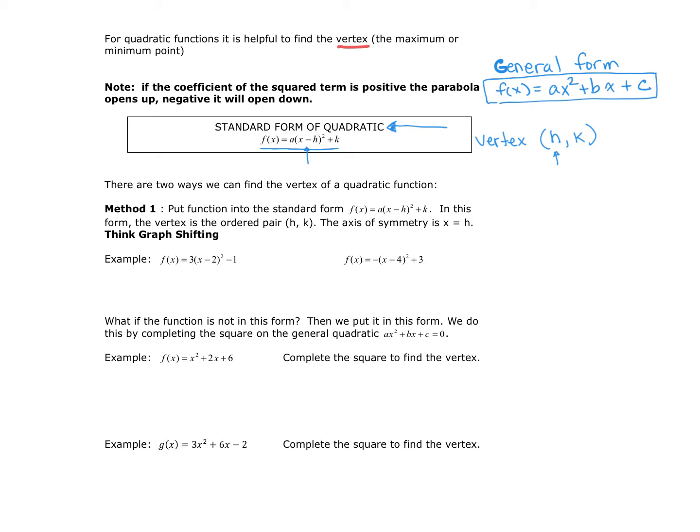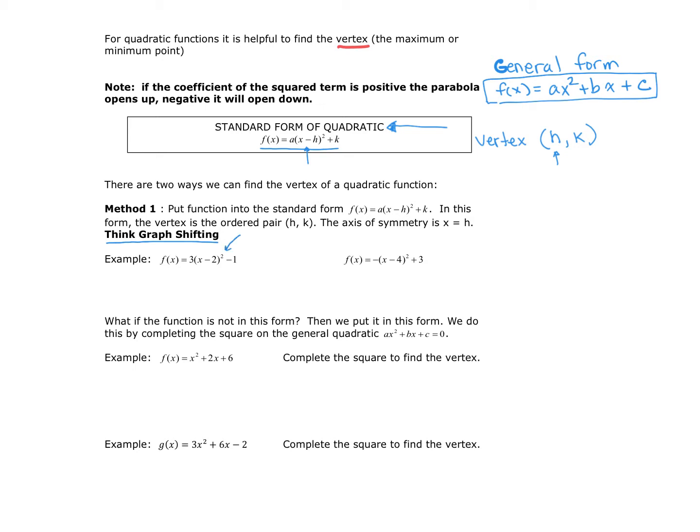So the first thing that we're going to do is use this standard form of a quadratic to find the vertex and the axis of symmetry. So if we think about how we have shifted graphs in the past, we know, looking at this, that our parent function is an x squared.